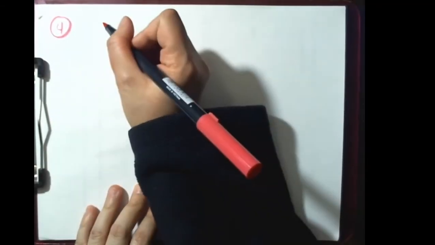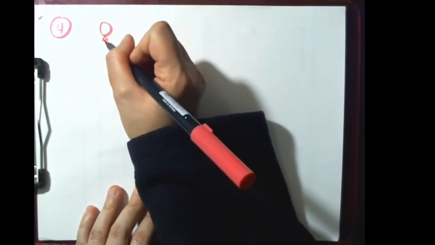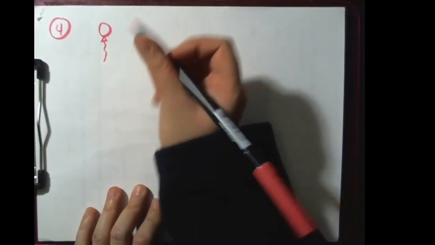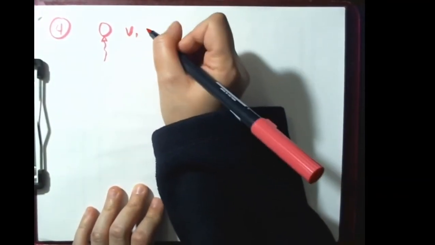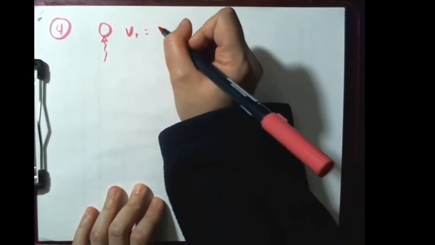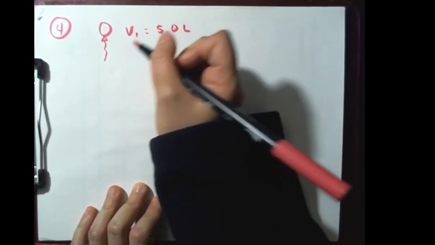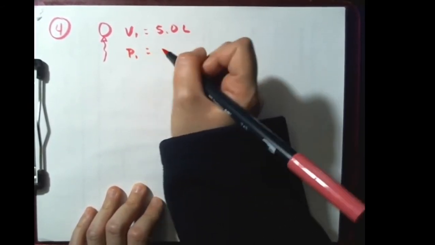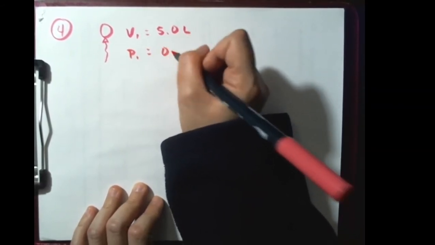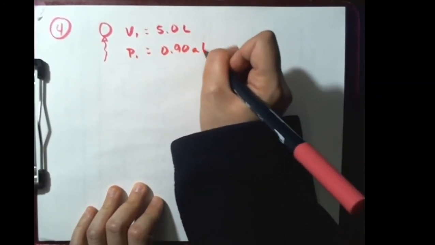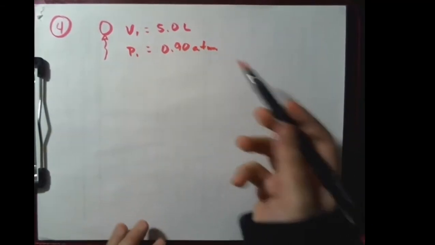So now we have a balloon. Again, with a balloon. That's inflated to a volume. So our initial volume is going to be 5 liters. And it's going to be at an initial pressure of 0.90 atm. Now that's at standard atmospheric pressure.